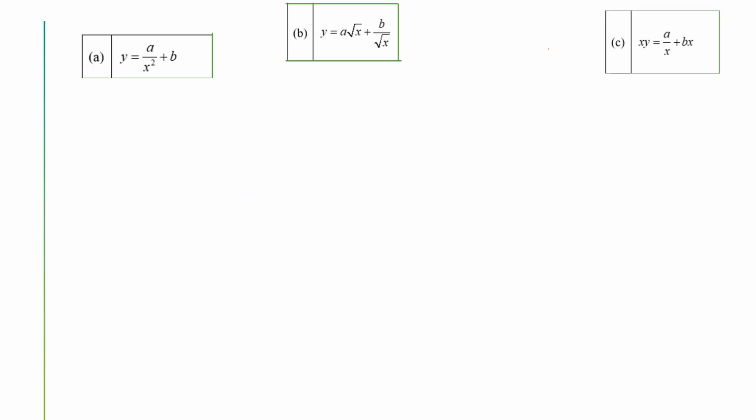All right, let's do some examples. If you look at the examples presented on the screen, we have 3 equations. Which equation is represented in a linear form, and which is not? Let's examine.